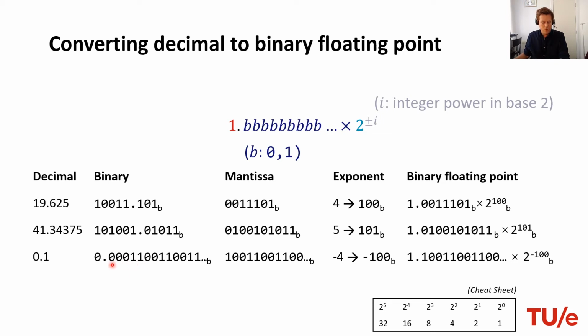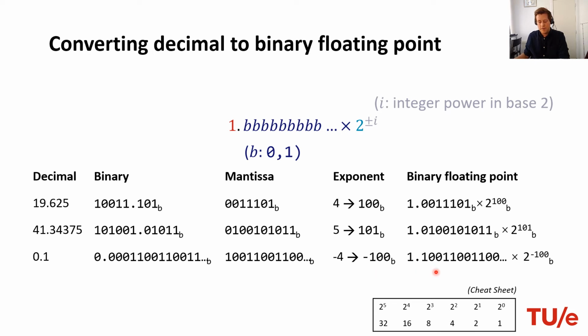So we have to check how many spots we have to move this floating point to go to here. And this is 1, 2, 3, 4 spots to the right. So this means that the exponent in floating point representation would be -4. Again, 4 in binary is 100, so -4 translates to -100.